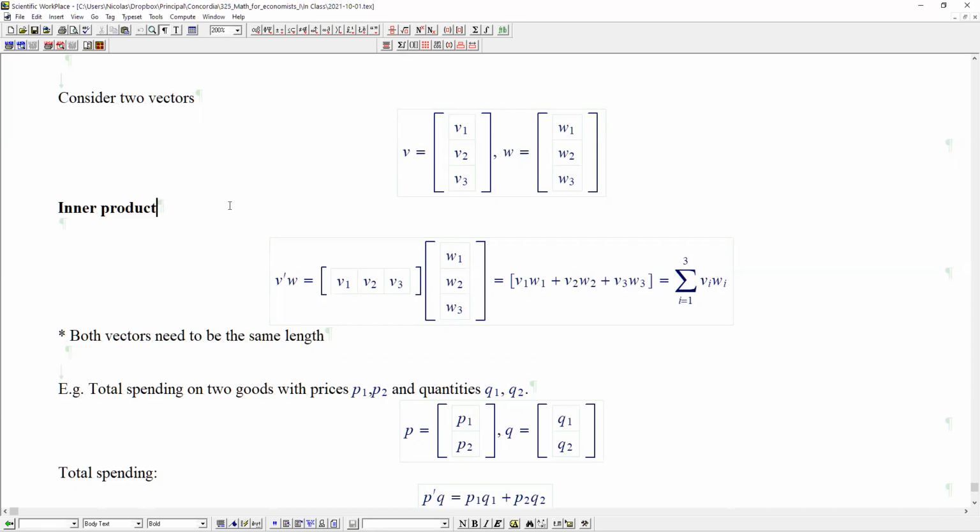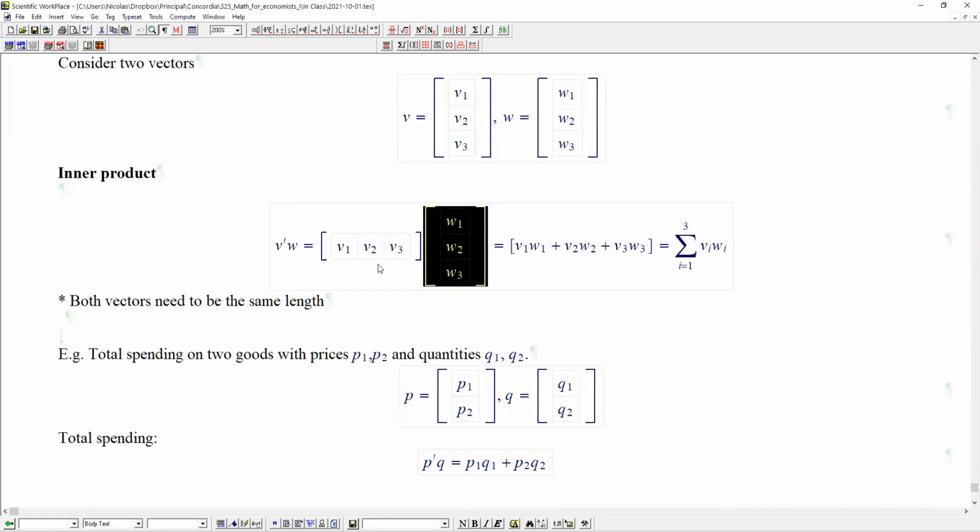I'm doing it this way because you see that inner product is one thing, but you also see that this mechanism of multiplication is something that you're going to see everywhere in matrix multiplications. Just wait 5-10 minutes and you're going to see it.